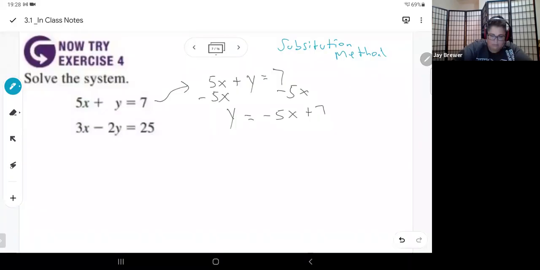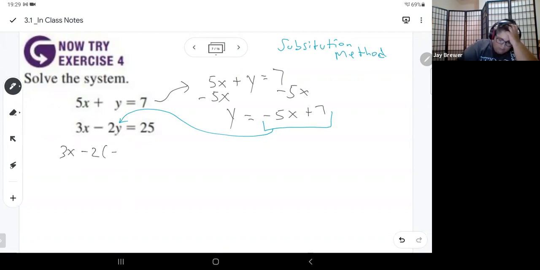Apologies, still getting used to this S Pen. Okay, so now that we have this right here, we're going to take it and plug it into the y down here. So we're going to have 3x minus 2 times negative 5x plus 7 equals 21.